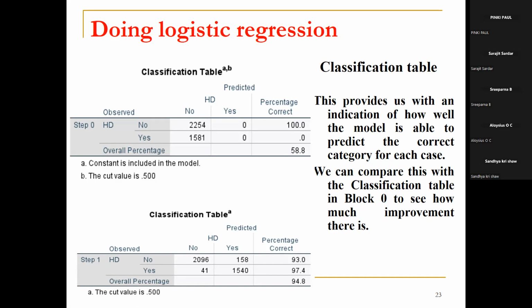What does it mean? It means that after adding the independent variables, the accuracy of the model has enhanced. That means there is an improvement in the regression equation by including the independent variables.